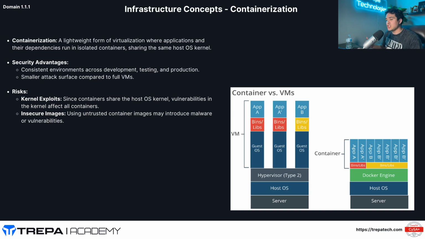With containerization, that's a lightweight form that just has a single Docker or containerization engine, usually Docker, that's going to have all the dependencies to run multiple applications, very lightweight, on a shared host or OS kernel that we can deploy rapidly.